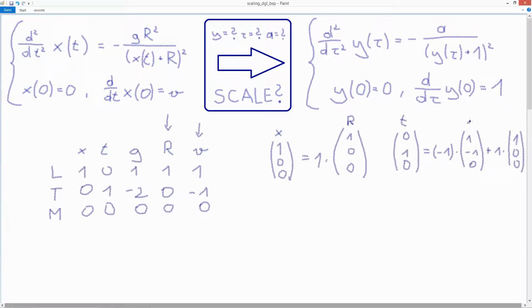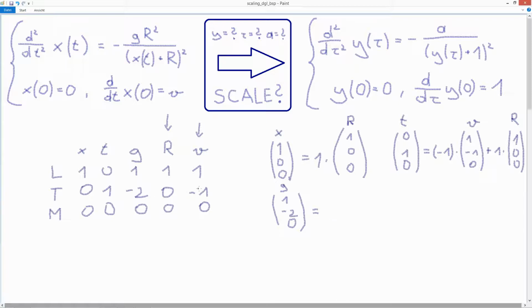So this here is the V column and this here is the R column. And the last column is the G column. So 1, minus 2, 0, which is the G column.